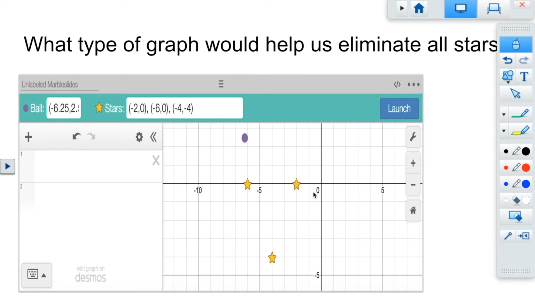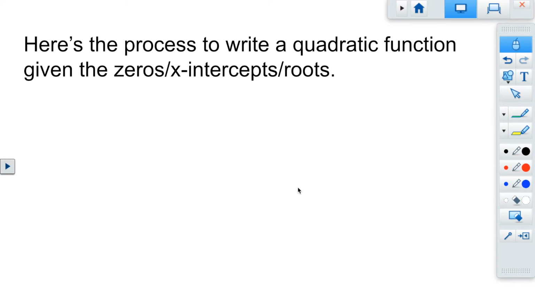I've seen them referred to as all 3, depending on your book or your teacher. So I have a 0. I have my solution. X is -2. And x is -6.